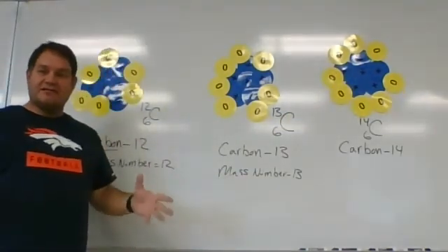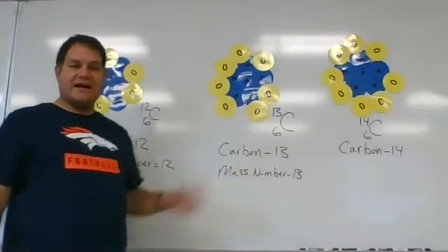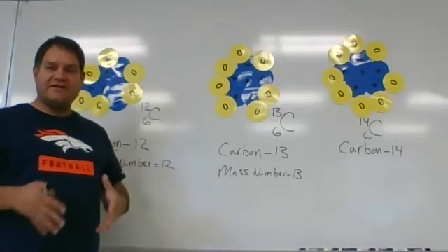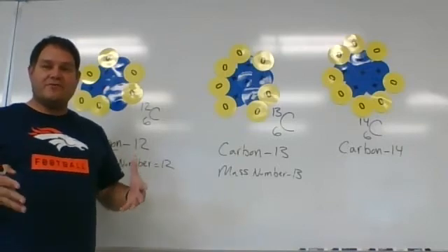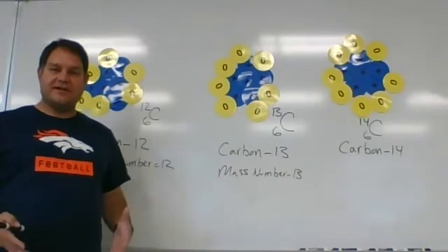Now, the idea is that all three of these types of atoms exist in, and therefore make up, the element carbon. Therefore, for us as humans, we are carbon-based organisms.